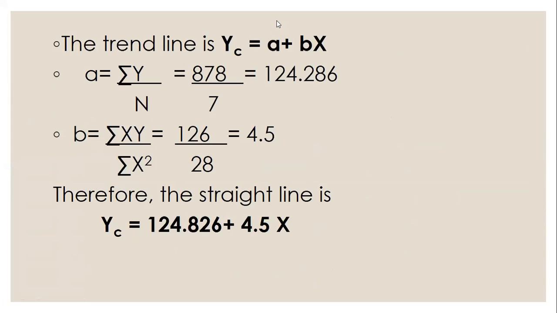So in this case, you will have yc is equal to a plus bx, and this is the trend line. So a is equal to sigma y by n and b is equal to sigma xy by sigma x square. This is the formula. It's very easy to remember and understand. Now let us see what is sigma y.